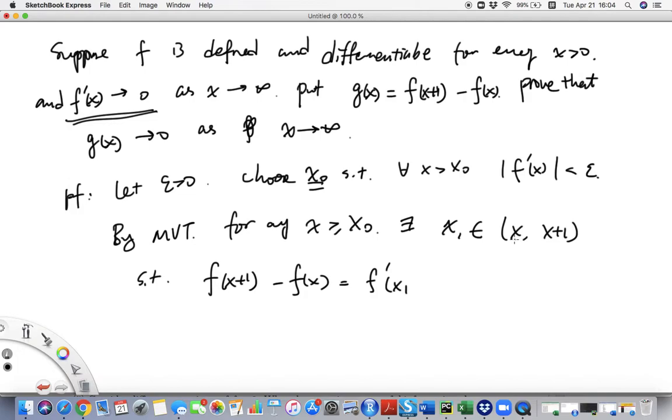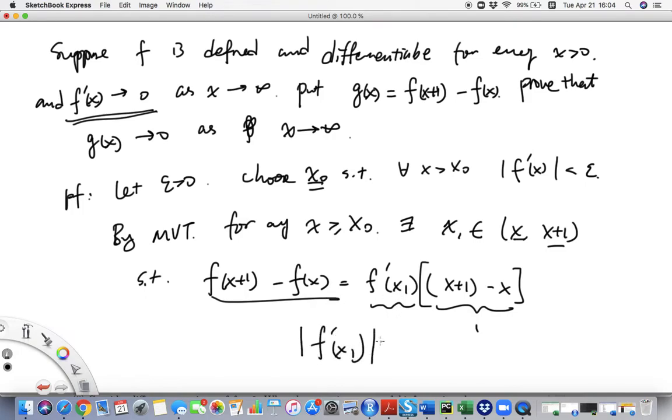So x1 is between x and x plus 1, and x plus 1 minus x is just 1. So the difference is equal to f prime of x1, but we know the absolute value of f prime of x1 is less than epsilon, so that is less than epsilon. That is to say g of x goes to 0.